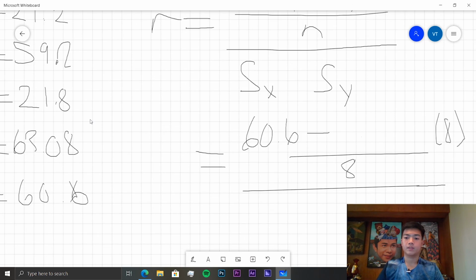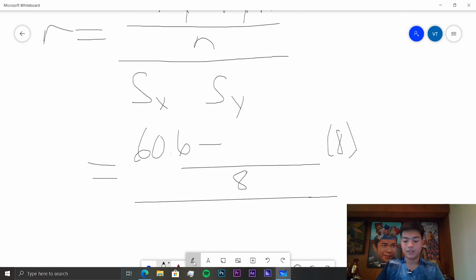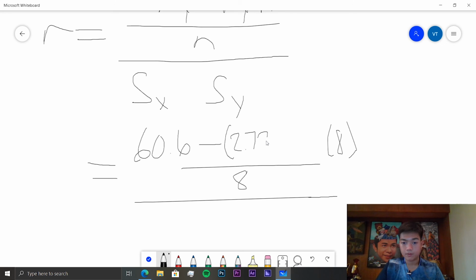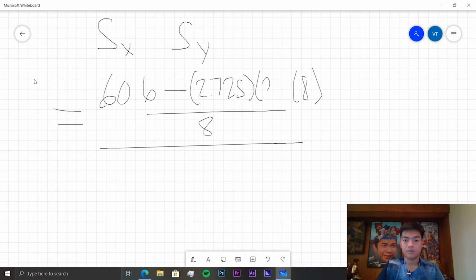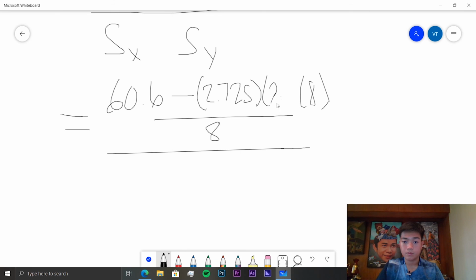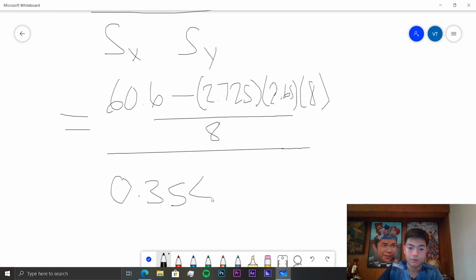So this is 60.6 minus 2.725 times 2.65, times 8 over 8. So we have 60.6 divided by 8 minus 2.725 times 2.65. So we have something a lot closer to 0.354. And now we need to divide that by the standard deviation.